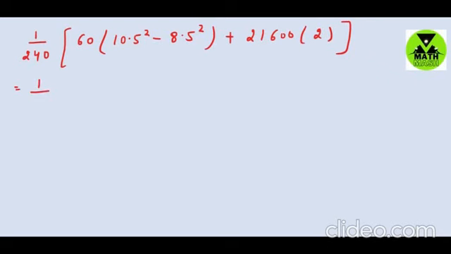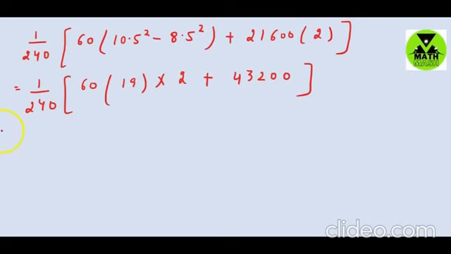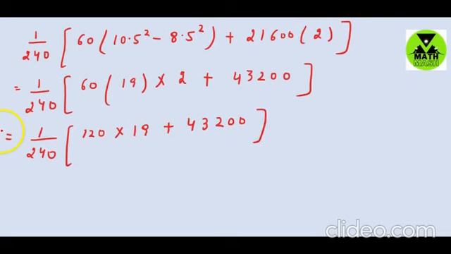So this is 1 by 240. Again we can use a square minus b square, which is a plus b and a minus b, where a plus b is 19, and a minus b is 2, plus 43200. So the calculation is quite complicated. So this is 120 multiplied by 19 plus 43200.